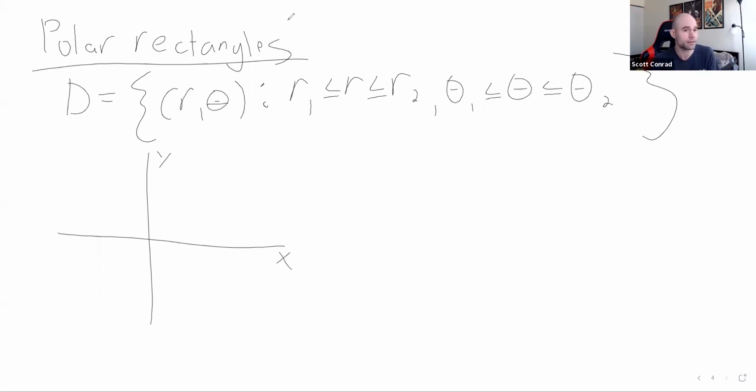What is that going to look like? I have the equation r equals r1, so the set of all points whose r coordinate in polar is r1. In other words, their distance from the origin is r1. What type of curve is that going to be?